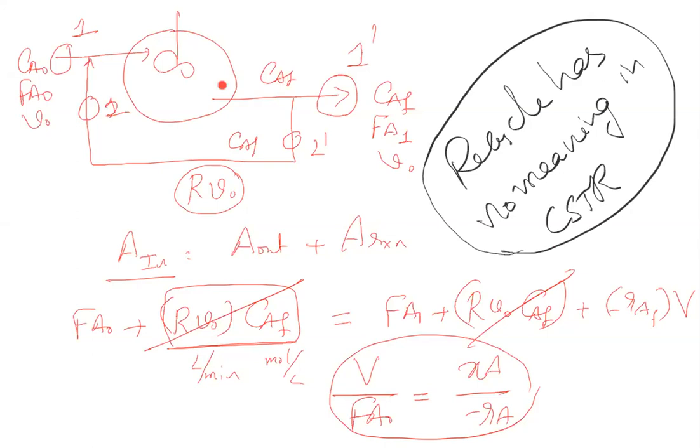You are taking CAF and mixing it with CF also, no? So that is why recycle has no meaning. Whether I connect here or connect here doesn't matter, both are the same, because both are going inside the reactor. Just understand this one.